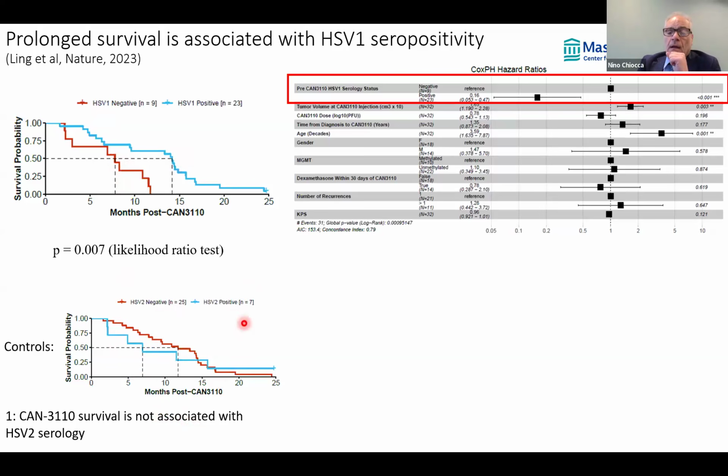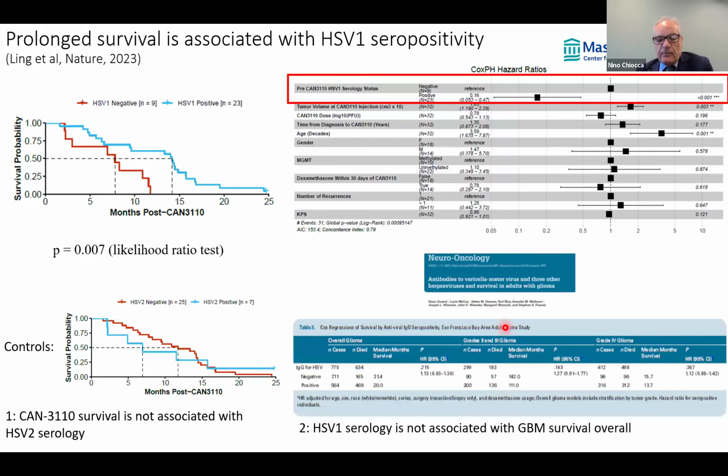We had further evidence that this was very specific to this particular virus, because at the same time, there was a paper published by Steve Francis from UCSF, and Steve was basically taking blood from all glioma patients, regardless of what therapy they were on, both recurrent and newly diagnosed, and checking whether there was any evidence of antibodies to any virus.